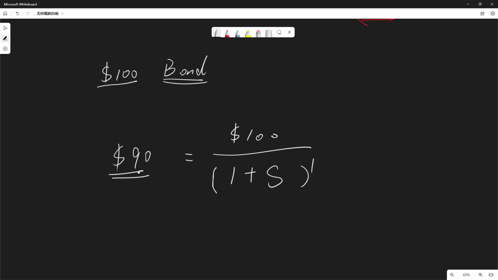So this S can be interpreted as the investment return, the percentage, approximately 11.11. If you calculate that, it's approximately 11.11 percent investment return, and that is the spot rate right now.